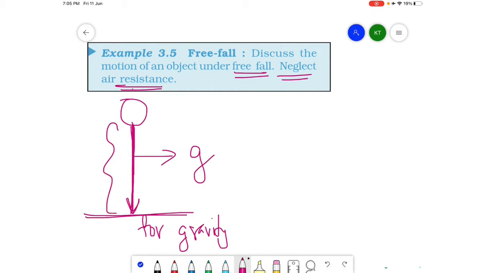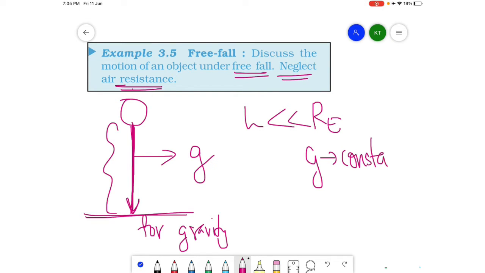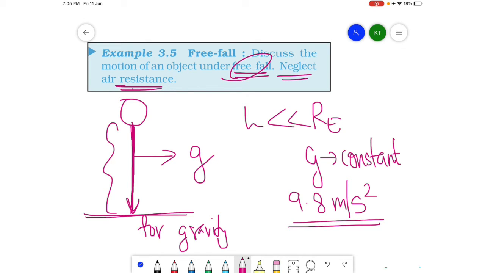If the height the object is falling from is very small compared to the radius of the Earth's orbit, we see that g is a constant. g is the acceleration due to gravity, it's a constant and its value is 9.8 meters per second squared. Free fall is an example of uniform acceleration.